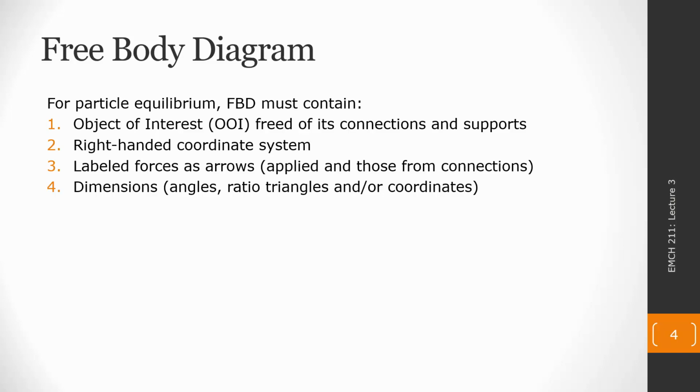Basically, the dimensions are used for establishing the direction of our forces, because we're going to need that information in later steps to know how much of a force was in the x direction and how much is in the y direction. We're going to be decomposing these forces and summing them in the x and the y direction as we saw on the previous slide, so those dimensions are going to be crucial.